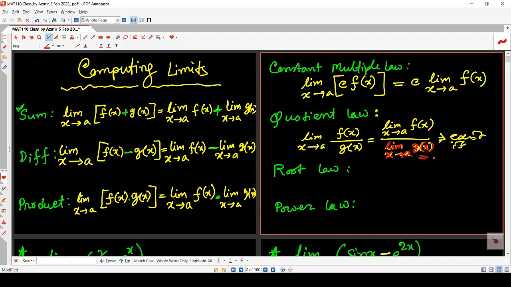If this is 0, then the limit will not exist. So the limit will exist if the denominator is not 0.